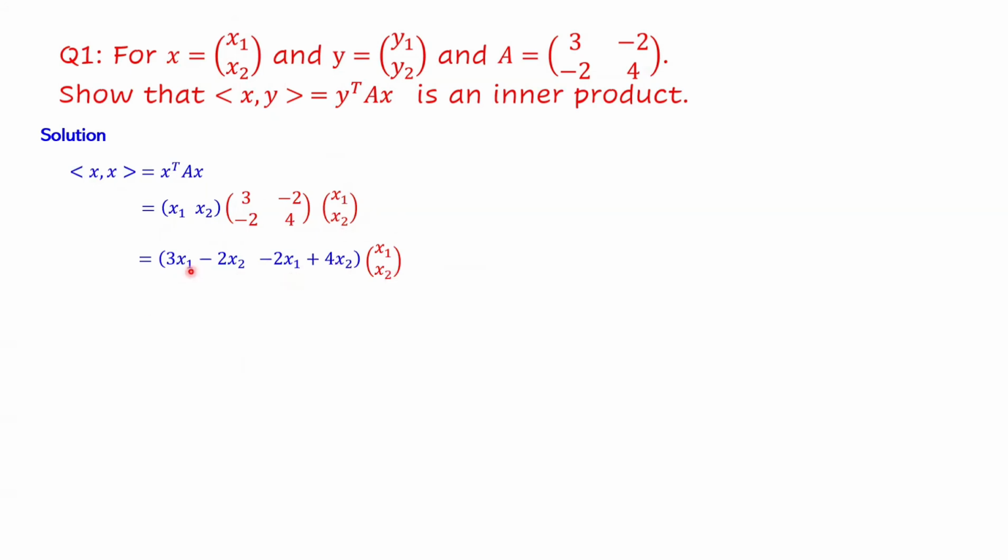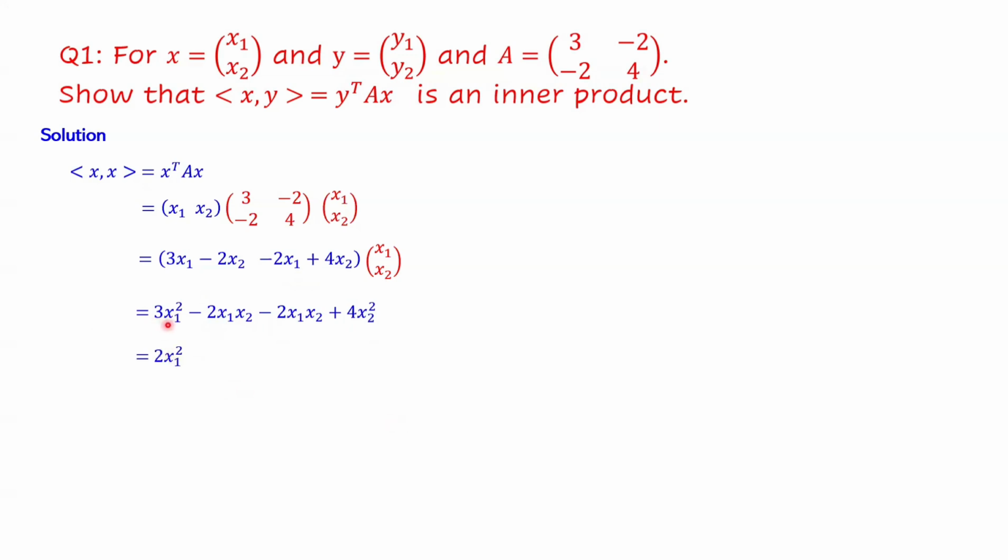Then we further multiply these two matrices, and we will have 3x1 square minus 2x1 x2 minus 2x1 x2 plus 4x2 square. Then we will try to make it a perfect square so that this expression will be non-negative.